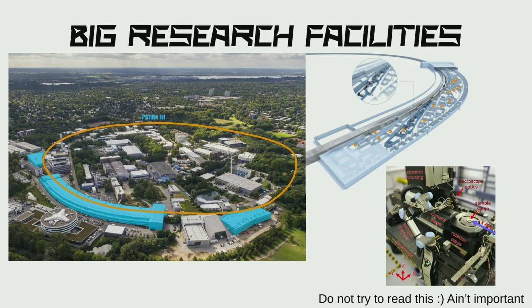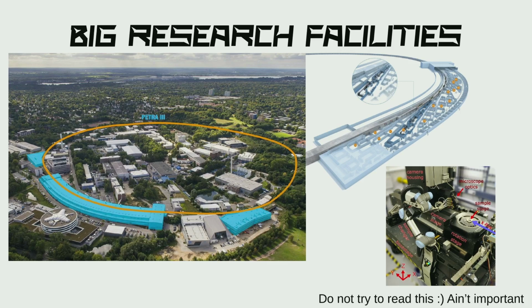And in Hamburg, we have just a part of that building. It's highlighted in blue in the photograph, and then on the schematics, we see a part of the ring again, and then this building from the inside. So we have a so-called storage ring, where the particles are flying, and then they eventually enter so-called beam lines, and every beam line ends with a so-called end station.